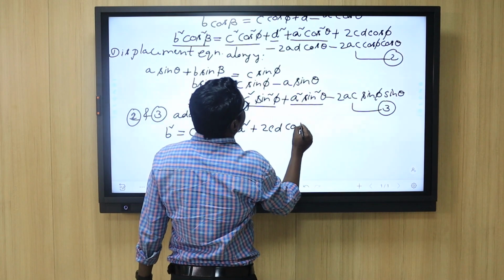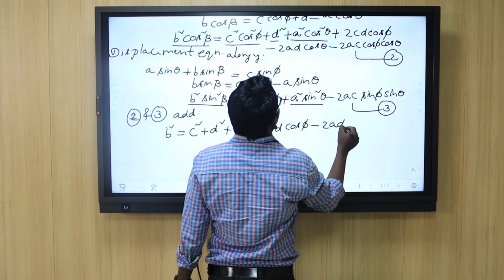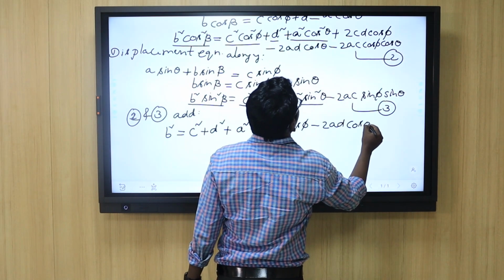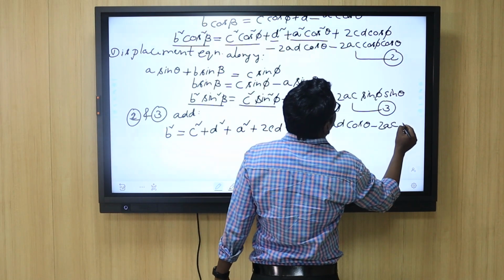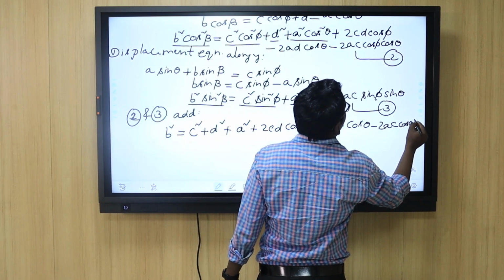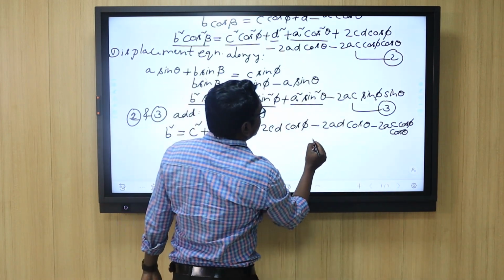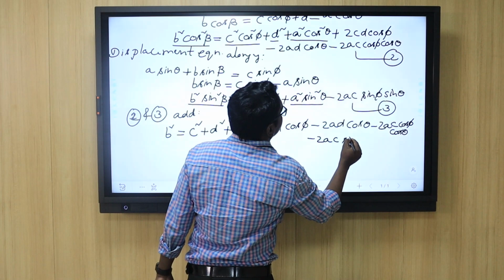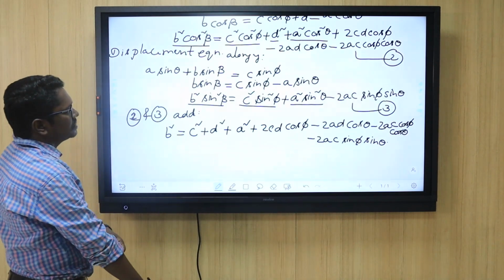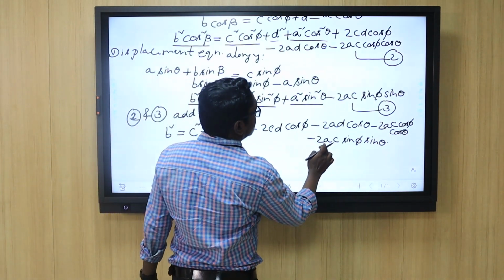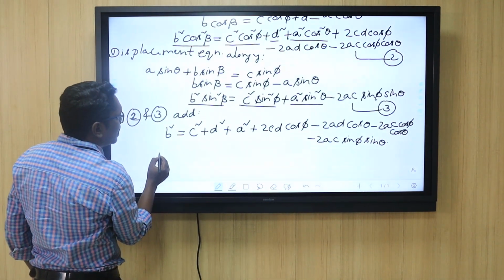2cd cos phi minus 2ad cos theta minus 2ac cos phi cos theta minus 2ac sin phi sin theta. So now let us write this equation by taking 2ac as common. Consider that particular part here.